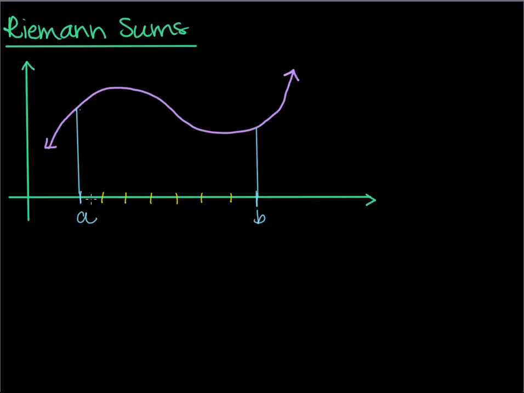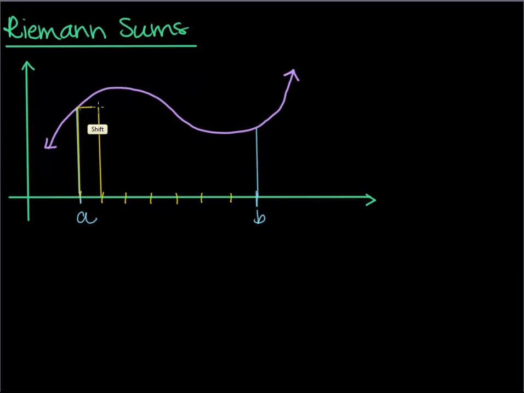So this is my first subinterval. And I'm just going to grab the left-hand endpoint. I'm going to draw a line up to the function. I'm going to come straight over, and then I'm going to draw a line down to the other part of my subinterval.